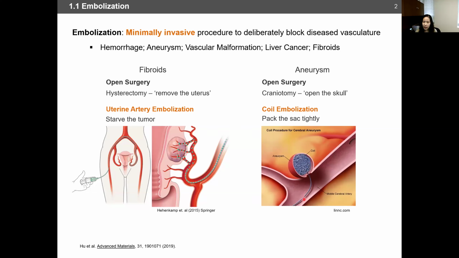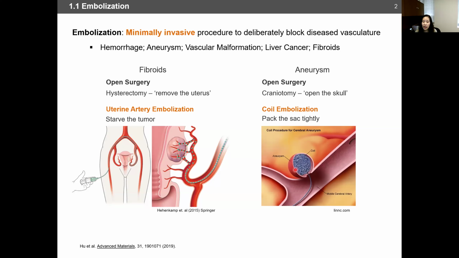Now, again, with minimally invasive surgery, which is embolization, people can puncture a hole at the carotid artery around the neck, maneuver this catheter to the vicinity of the aneurysm, and deploy coils, which is another type of embolic agent, coming out of the catheter. The coil would conform to the shape of this sac, stop the turbulence of the blood going in, and promote clotting.